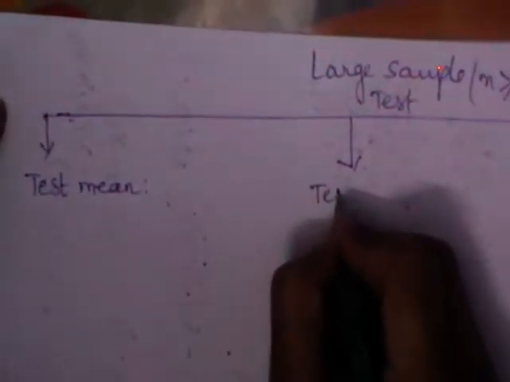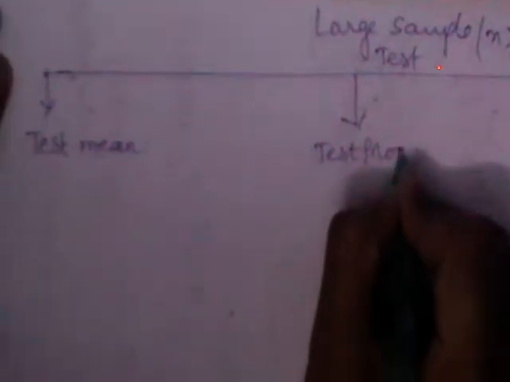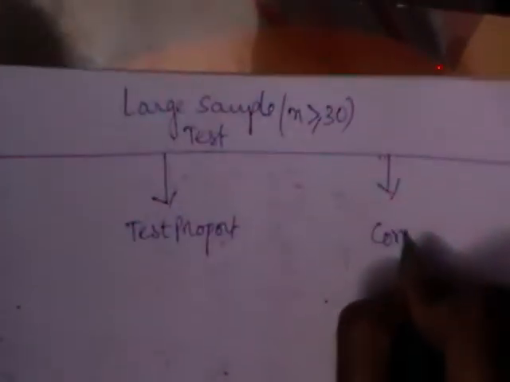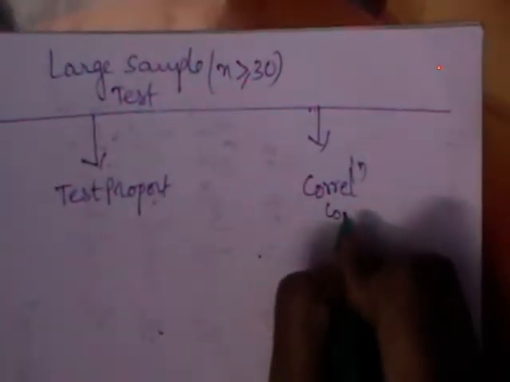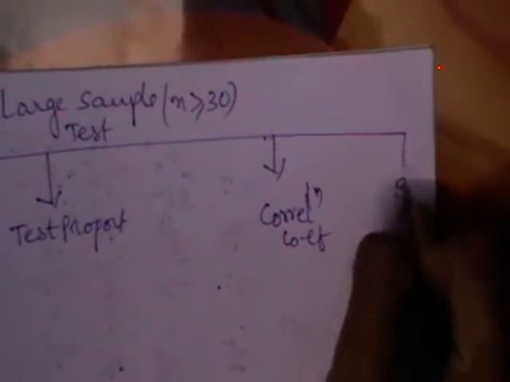You are going to have the test for mean, the test for proportions, the test for correlation coefficients, and the test for difference of these.